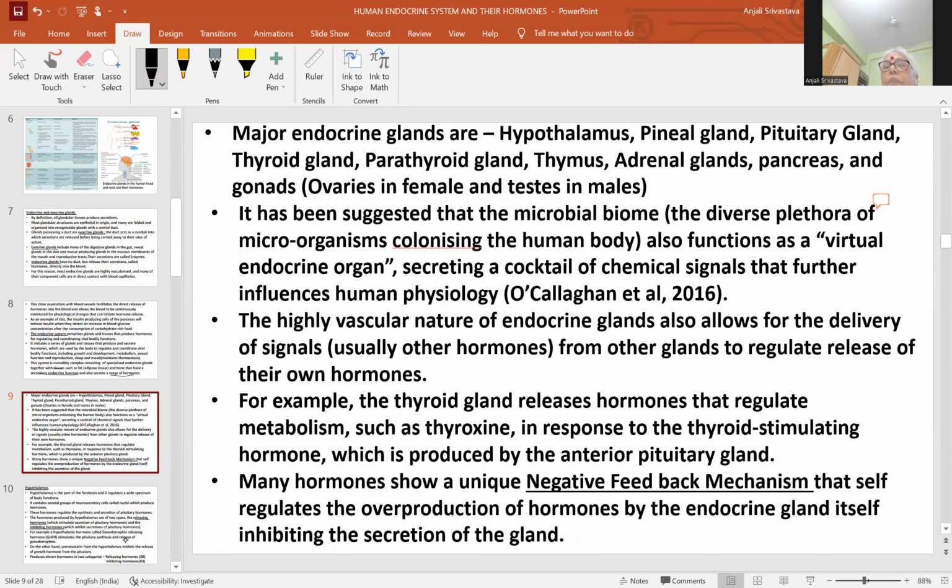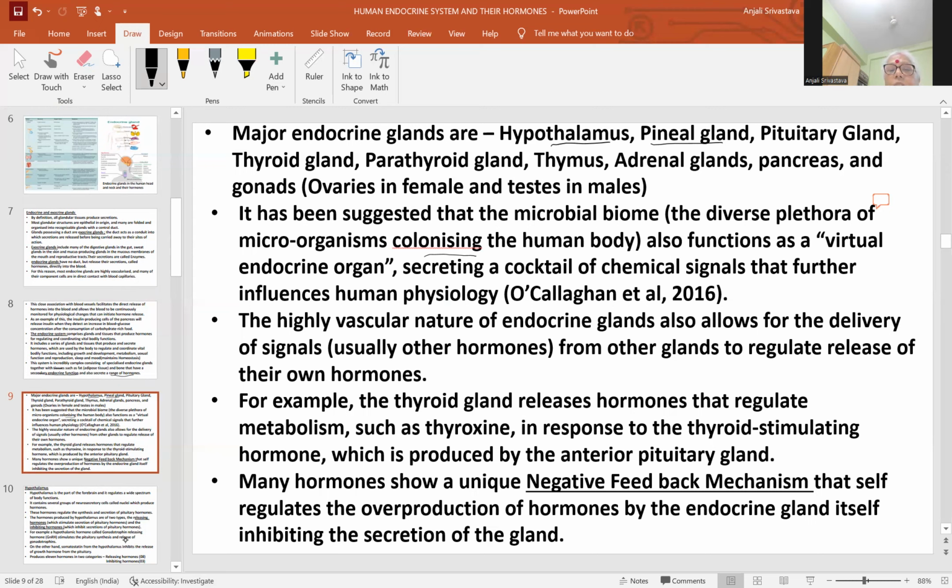Again, apart from these well-defined endocrinal glands, these are other bodies, as I have told you. It is also suggested that the microbial biome, that is the diverse plethora of microorganisms colonizing the human body, also function as a virtual endocrine organ. This is a report presented by O'Callaghan et al. in 2016.